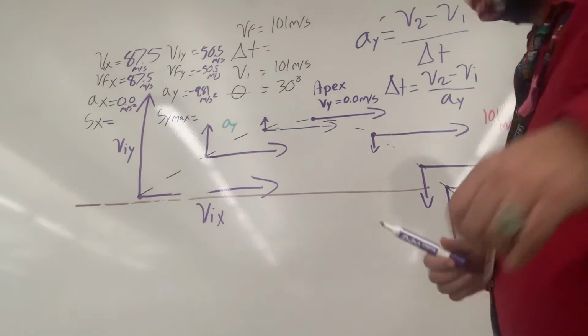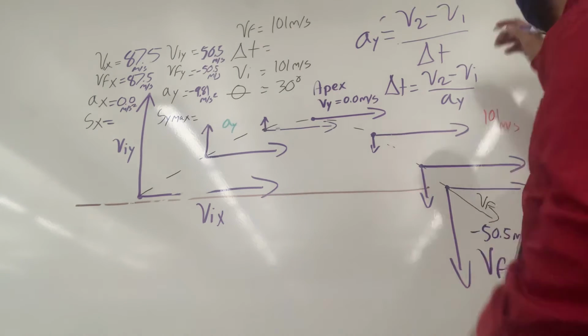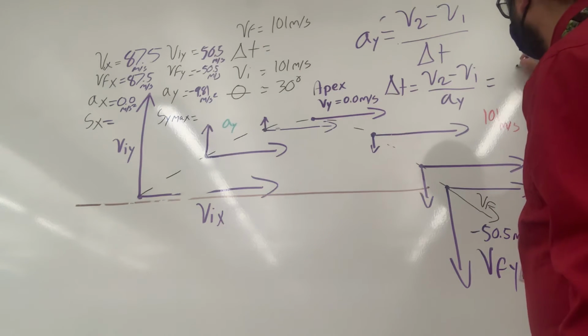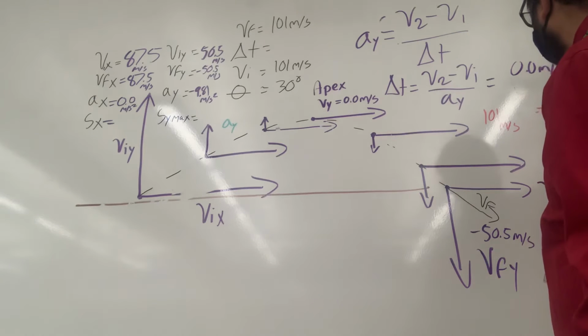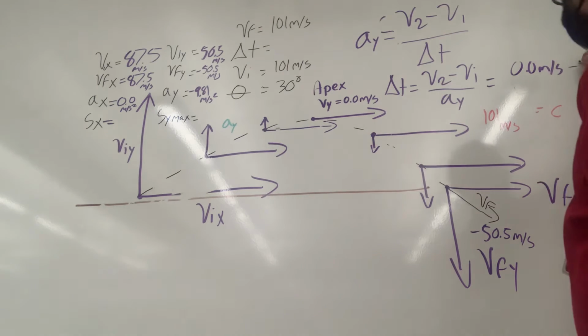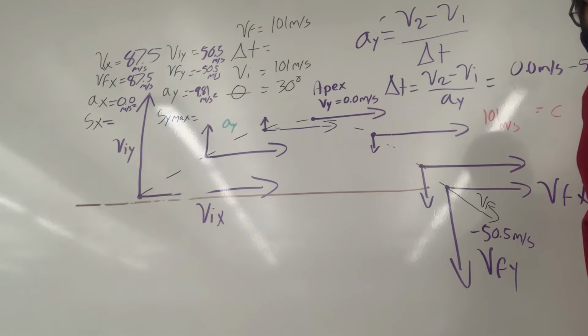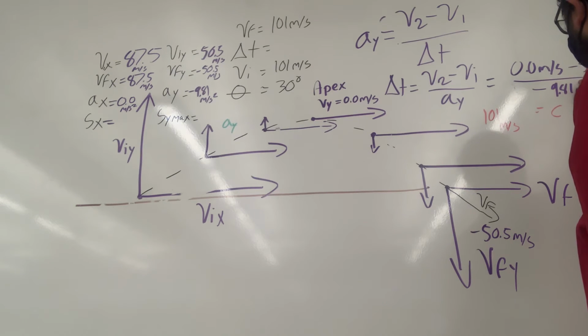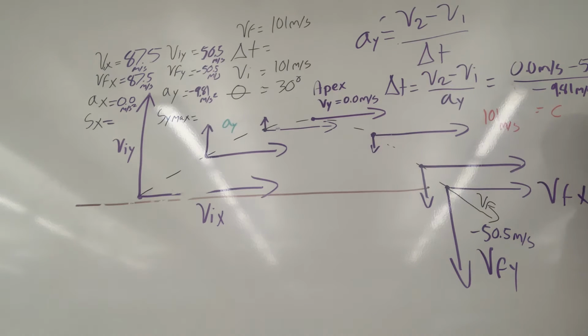Alright, so we plug in our numbers then. So this would be 0.0 meters per second minus 50.5 meters per second divided by negative 9.81 meters per second squared. Everybody following?